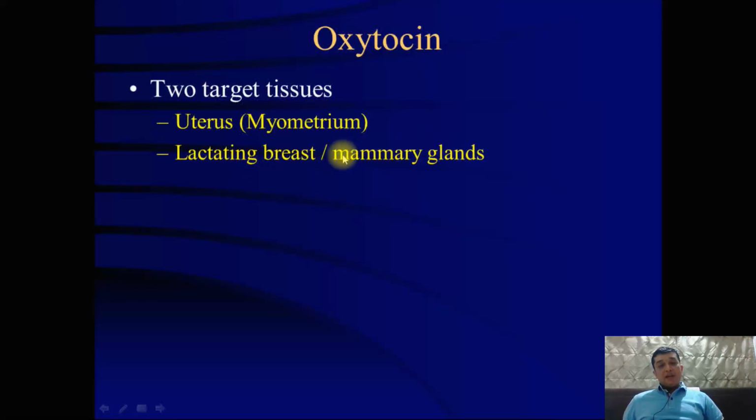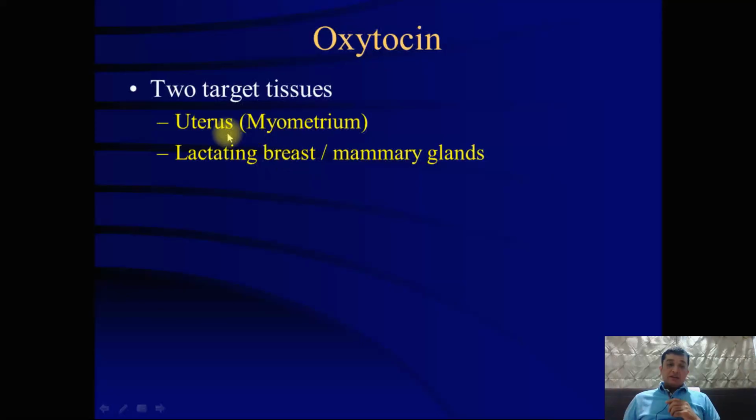The second is the mammary glands; lactiferous ducts also express oxytocin receptors. So this also has a role in lactation. But remember that milk synthesis, milk production, happens by the presence of prolactin, while ejection of milk, release of milk, that is secretion, is under the influence of oxytocin.